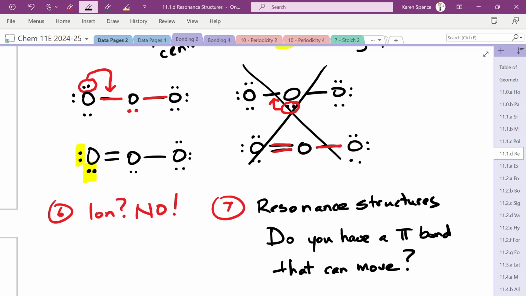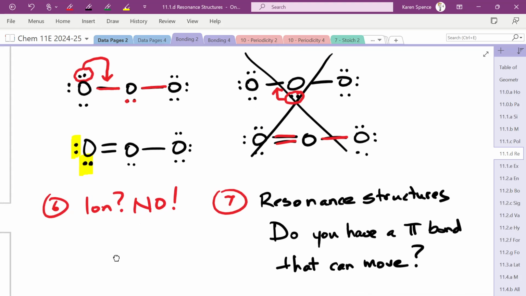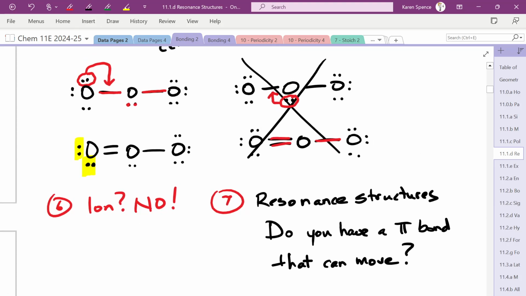So in order to show that movement, we would show a lone pair moving in to form a bond. And then this poor oxygen in the middle would have 2, 4, 6, 8, 10 electrons. That's no good, right? So we would then take this bond and move it outward.